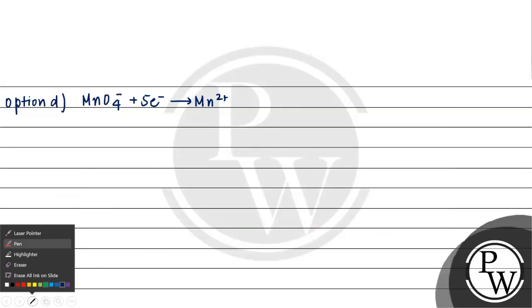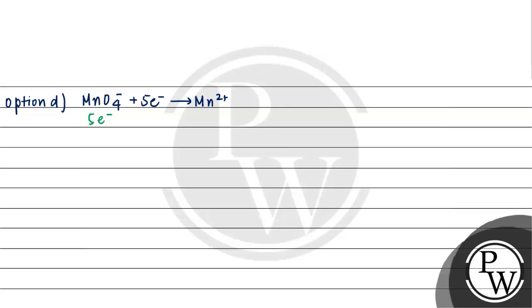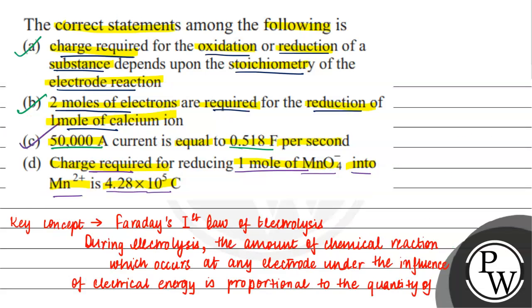If we calculate, 5 moles of electrons will be equal to 5 Faraday, which will be equal to 5 into 96500 coulombs, which is equal to 4.82 into 10 to the power 5 coulombs. So this is the calculated value, which is also given in the statement in the question. So option D is also right. So all our statements are correct. I hope you understood the question well. Best of luck.